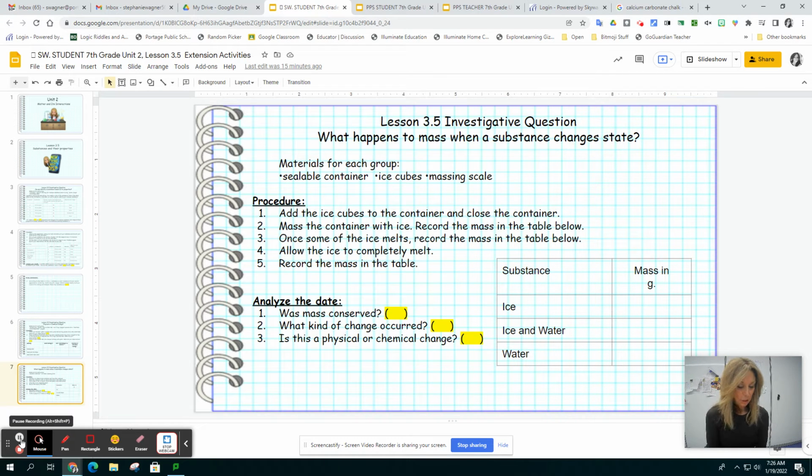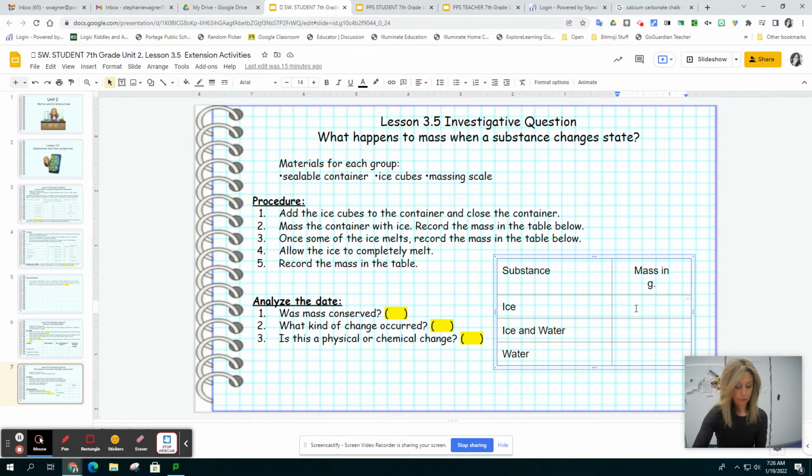All right, so we're going to put in our notebook our starting mass to be 29.6. So that's where it started when I placed it onto the scale. Okay, so we're going to see here what happens.